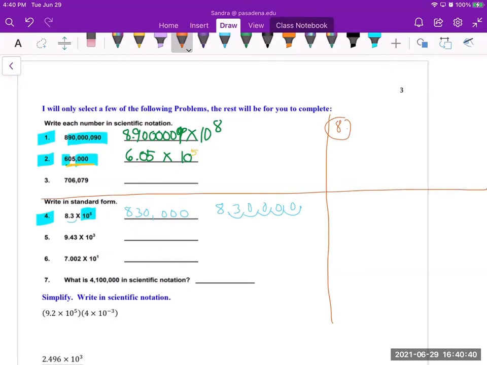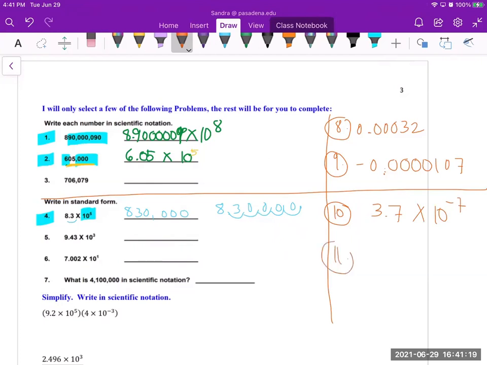Okay, writing scientific notation still here. So we can do, for example, 0.0003 and 2, negative 0.0000107, and then writing standard form, we can do 3.7 times 10 to the negative 7, and then 11.